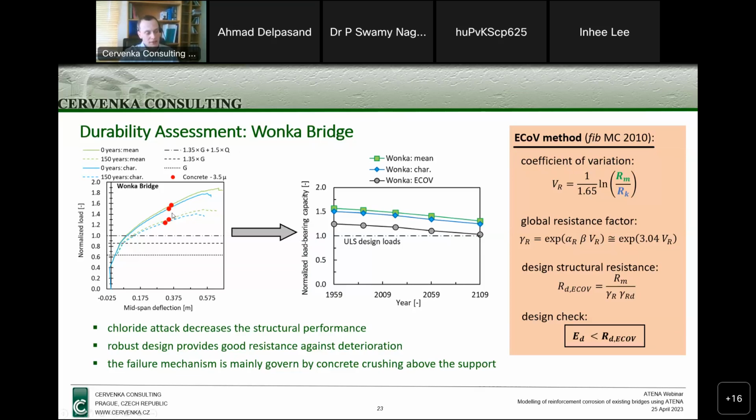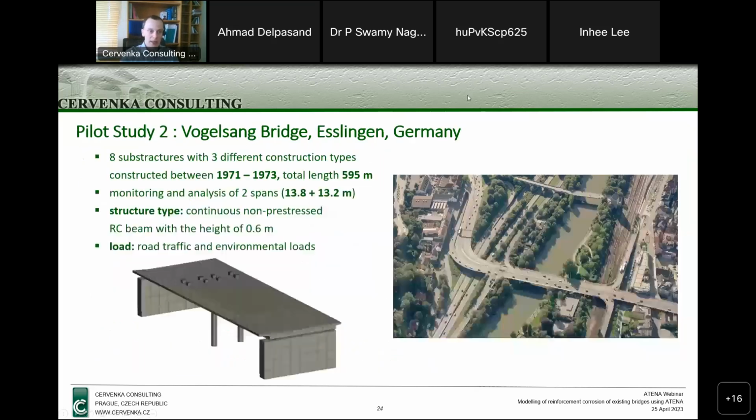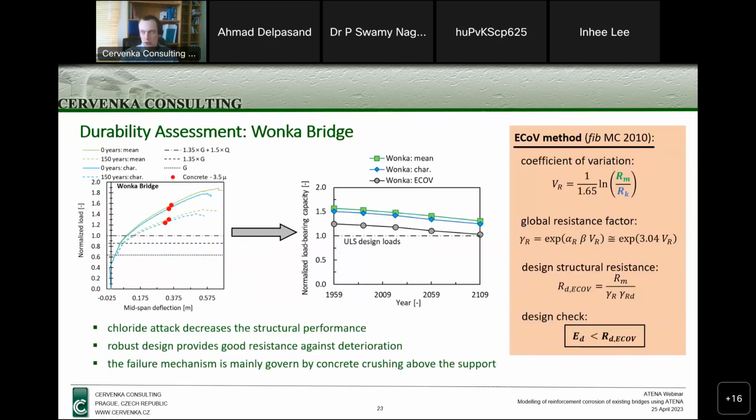So this can be done for a different duration of the chloride attack. For example, we can calculate this for the structure which is unaffected by the chlorides, and then again for the structure which is affected by the chloride ingress for 25, 50, 100 or even more years.